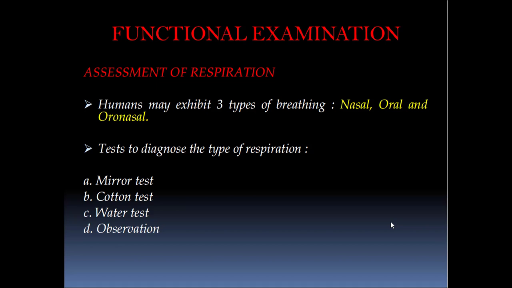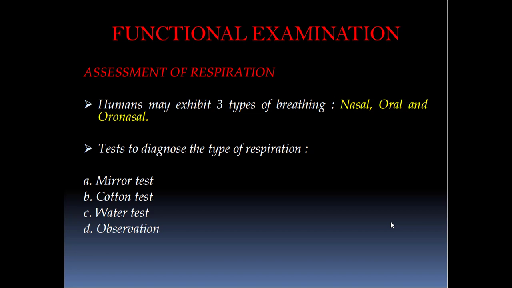Second is the cotton test. In this test, a butterfly shaped cotton is placed at the base of the nose. If the cotton flutters, it would indicate that the patient is a nasal breather. But if it doesn't, then the patient is a mouth breather. Third test is the water test or water holding test. In this, we ask the patient to hold water for 30 to 40 seconds intraorally.